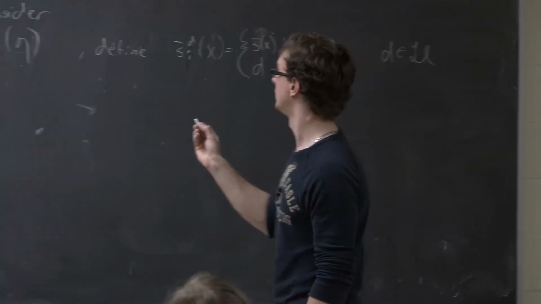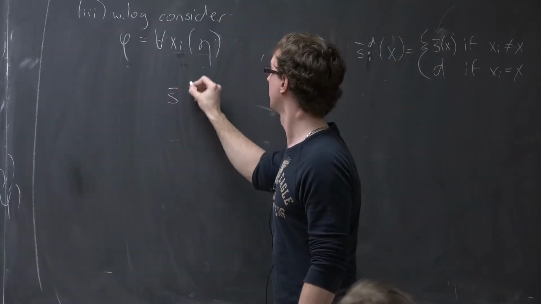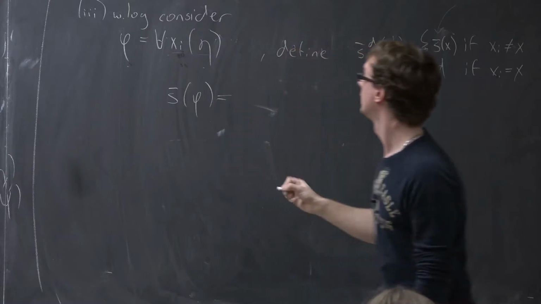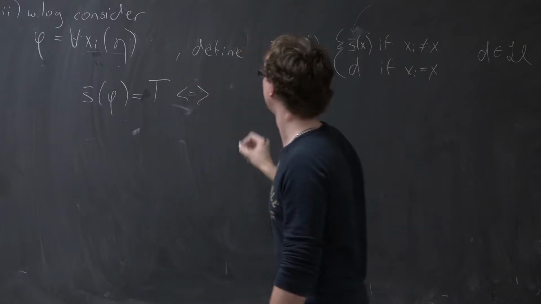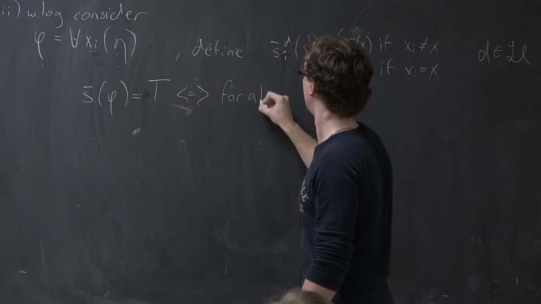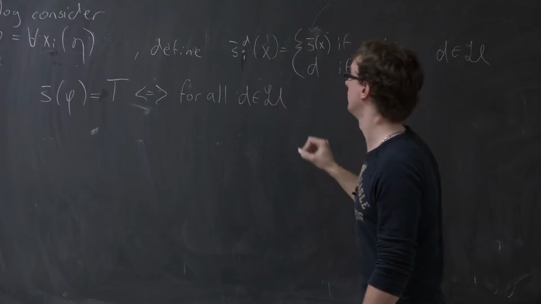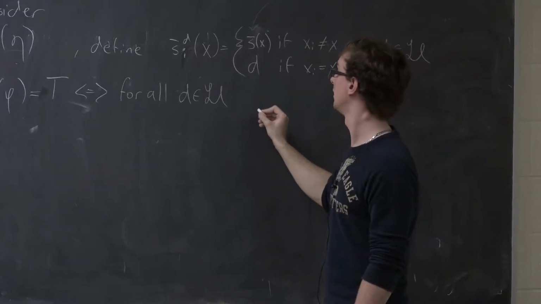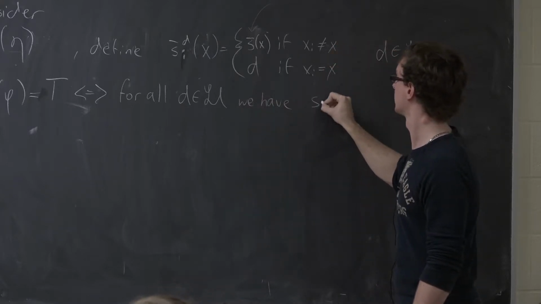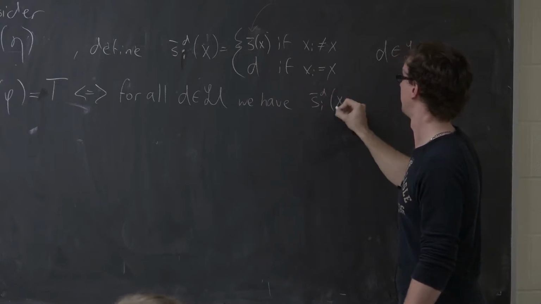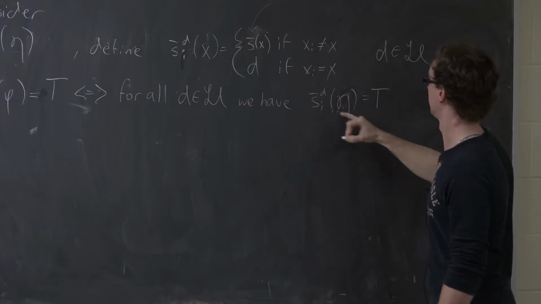Given this definition, we're going to say that S bar of phi is true if and only if, for all d in our universe, we have S_{i,d} bar of eta equals true.